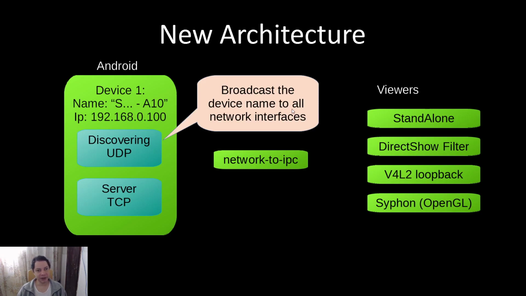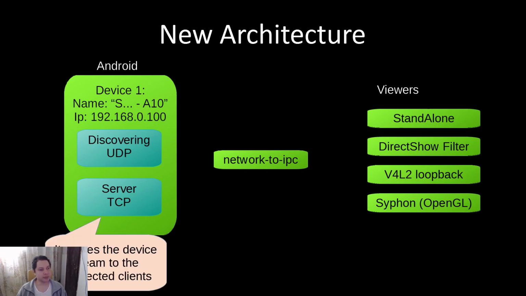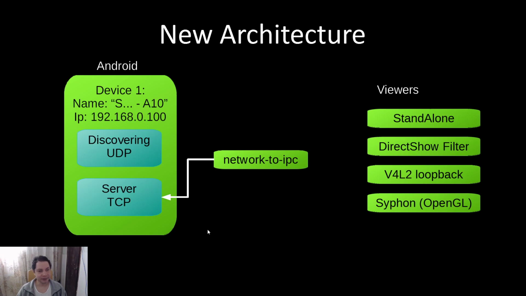Broadcast the device name to all network interfaces. The TCP component is responsible for dealing with the peer-to-peer connections and doing the image stream transmission. The network to IPC connects to that server here.